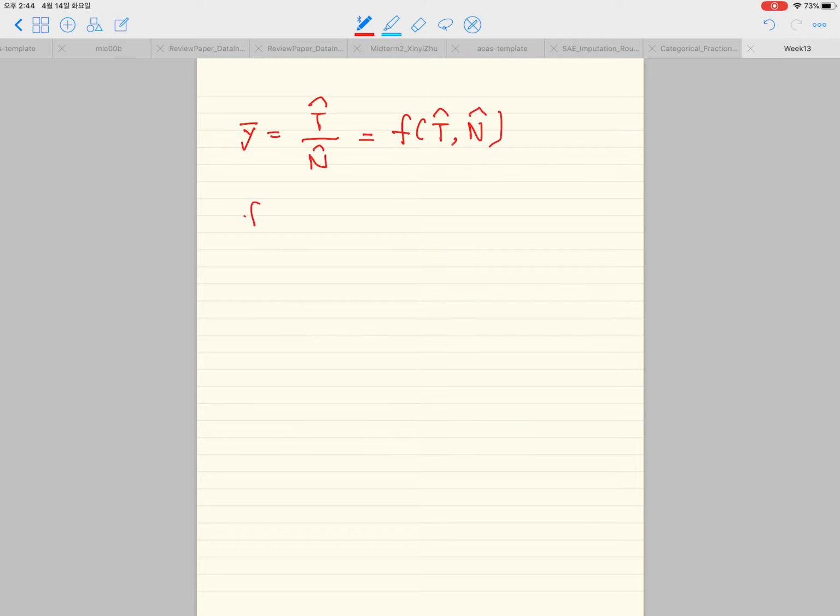That means if you define the function f like this, then it is x1 divided by x2, right? So how can we apply the Taylor expansion to its expectation?